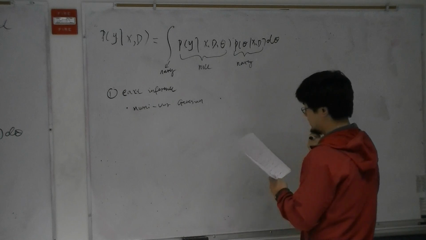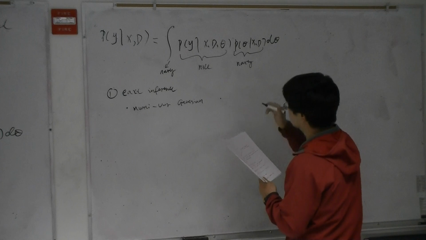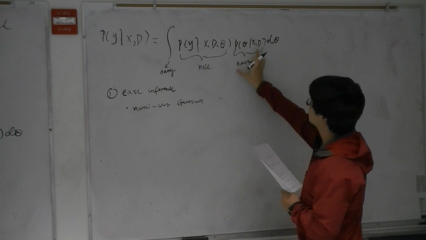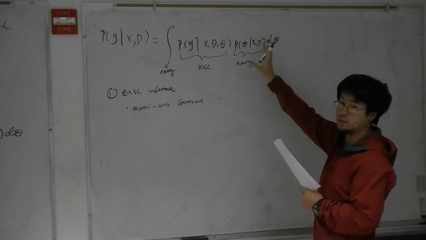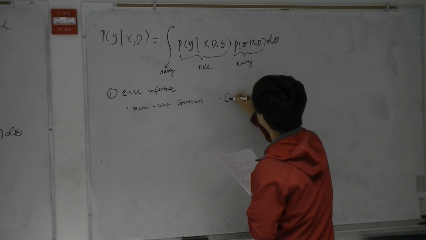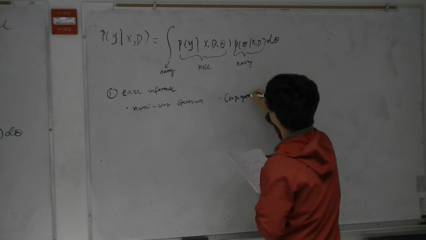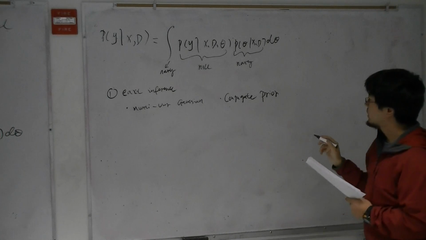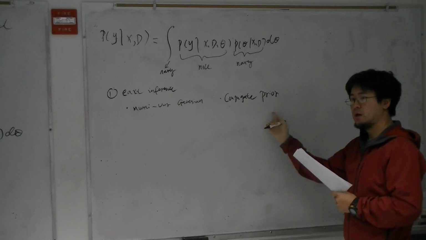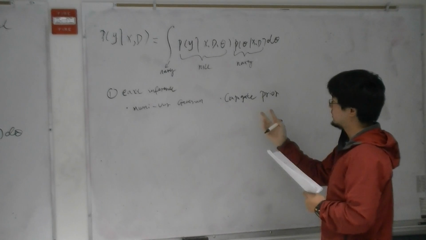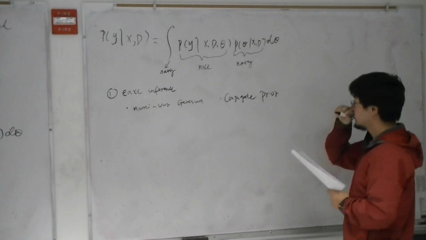And the computation is easier. Another choice is you choose a conjugate prior for this term, the posterior distribution of theta. I think Sean talked about this before, and we did again a few weeks back.